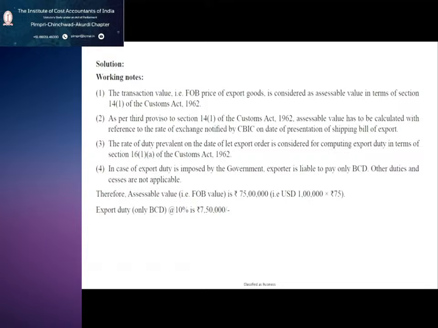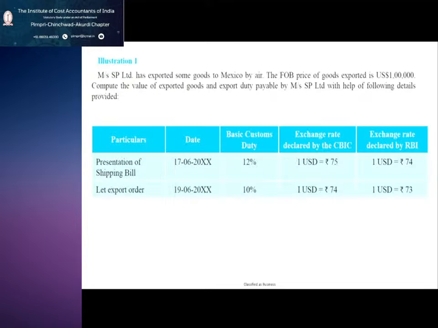Second, the assessable value has to be calculated at the rate of exchange notified by the CBIC on the date of presentation of shipping bill of export. So you consider the exchange rate declared by the CBIC.